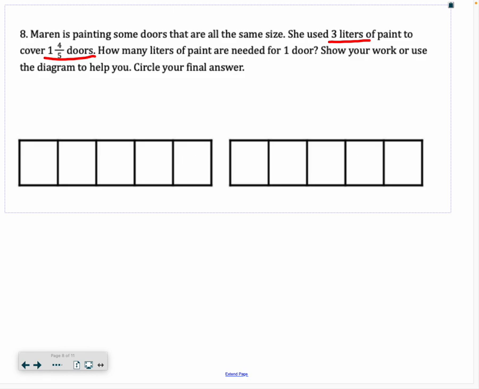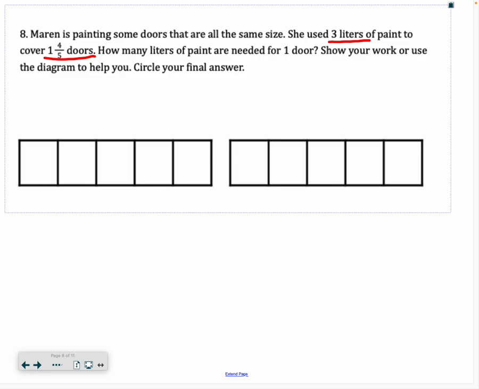Okay, so they're not asking how many liters of paint are needed for 2 doors. That's what a lot of students probably are going to do right away. They're asking for 1 door. Okay, but the only information we have is how much paint she used for 1 4/5 of a door. So you can see my tape diagrams here are split.